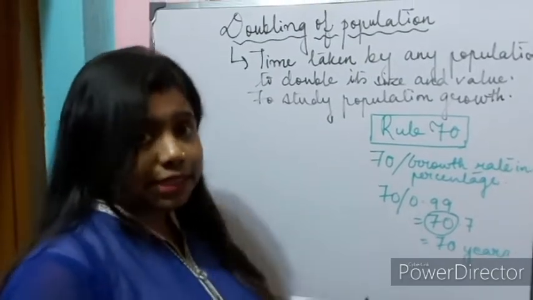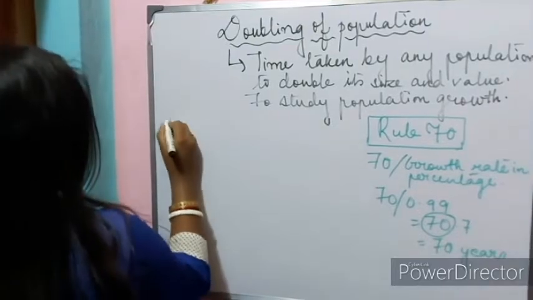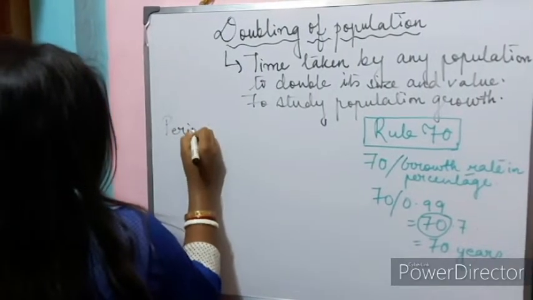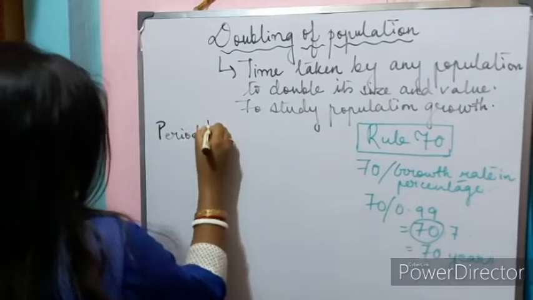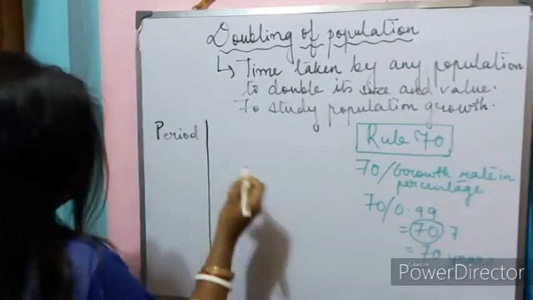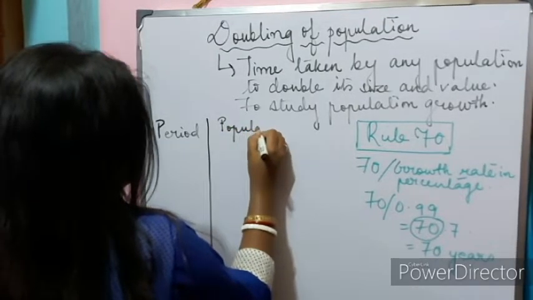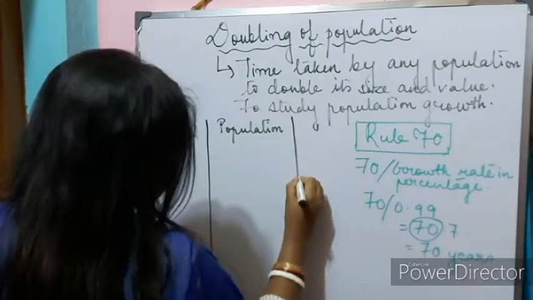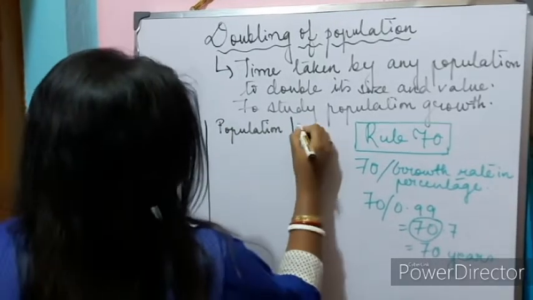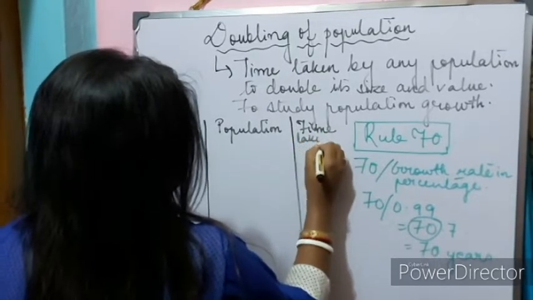Now, let us understand with the help of data. Period, population, and the time taken to double.